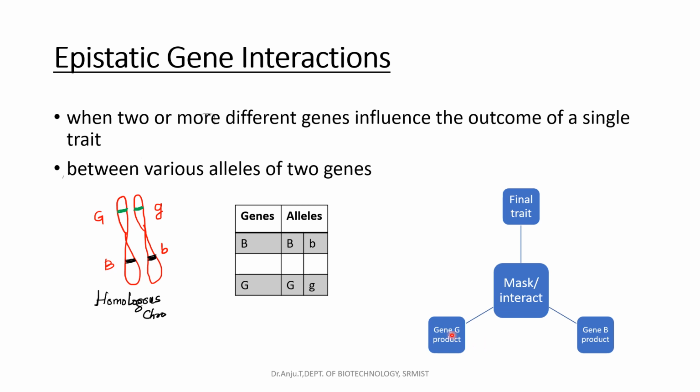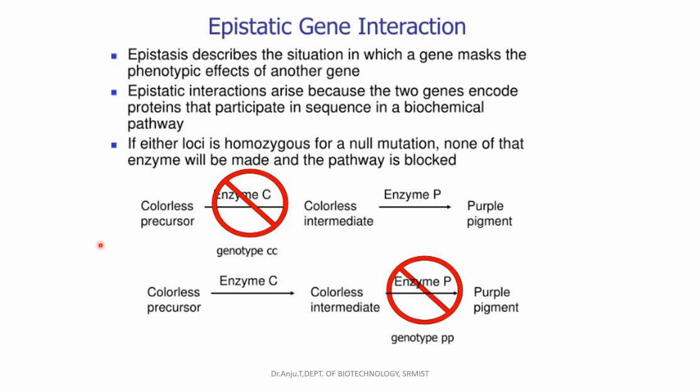For example, when gene G masks the effect of gene B, it is called epistatic gene interaction. So epistatic means the situation in which a gene masks the effect of the other gene. Epistatic interactions usually arise because the two genes encode proteins that participate in a sequence in a biochemical reaction.